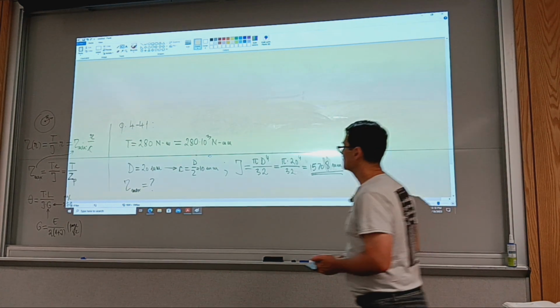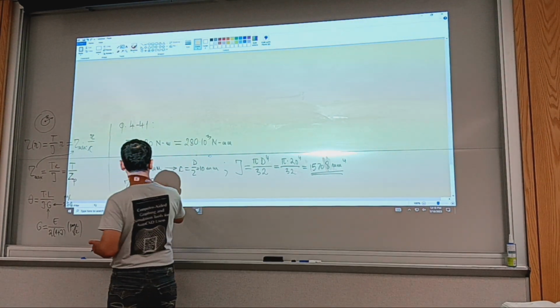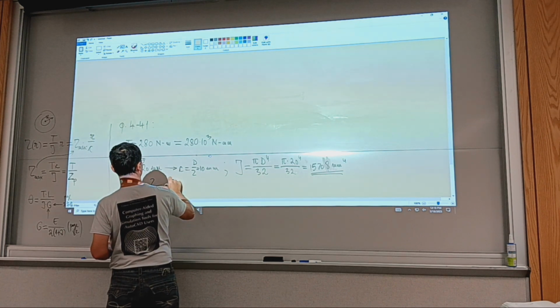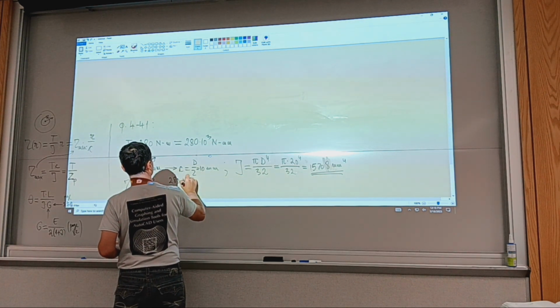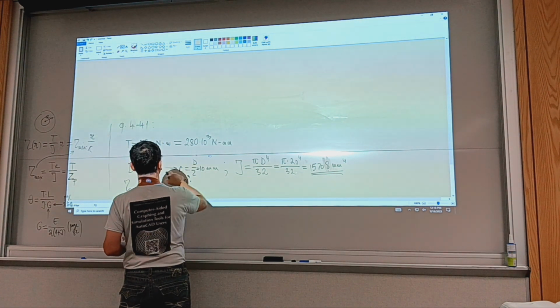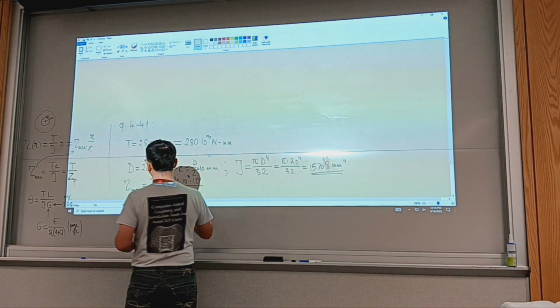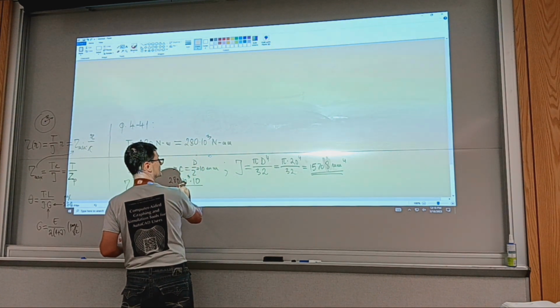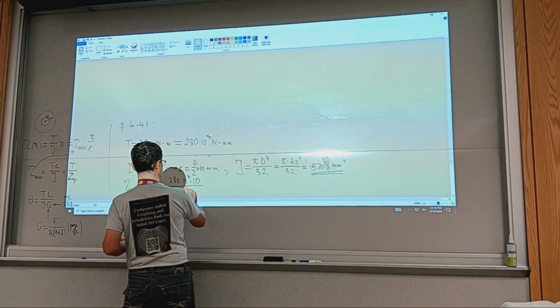Okay, so now I can calculate tau max using this equation. The torque, 280 times 10 to the power 3, over the value still in the memory, 15708.